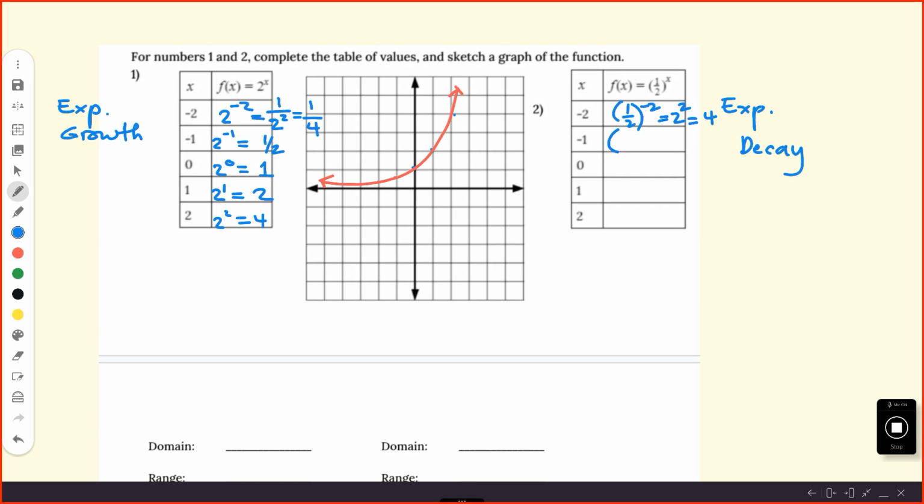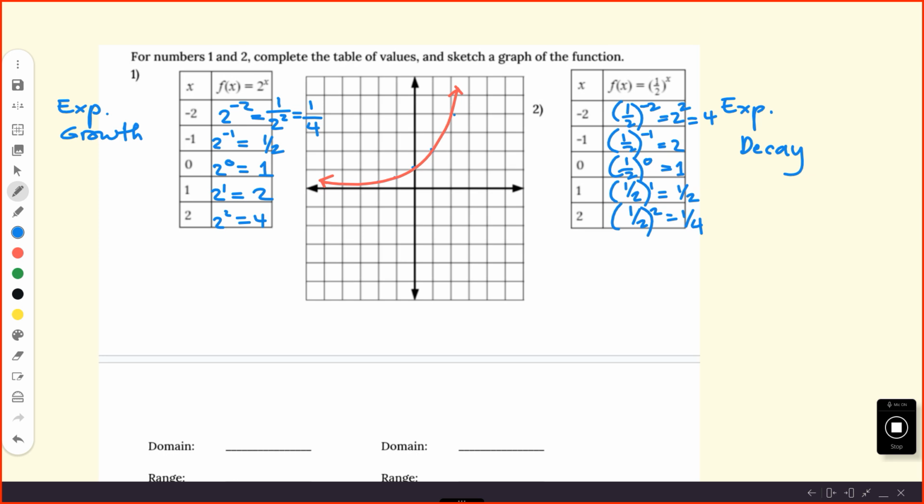And then what is 1/2 raised to negative 1? 2. Okay, 2. And then 1/2 raised to 0? 1. Okay. And then 1/2 raised to 1 is 1/2. And then, of course, 1/2 raised to 2 is 1/4. Okay.